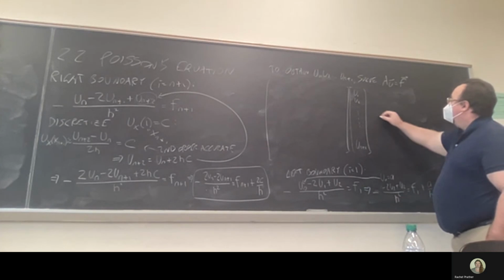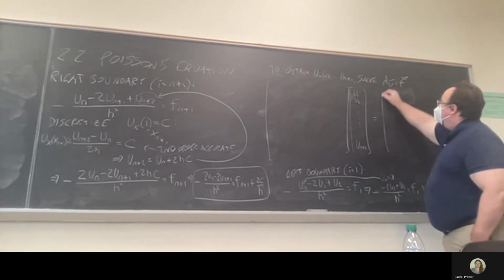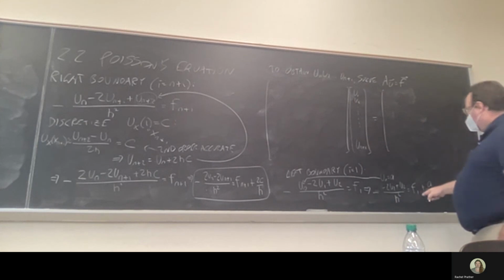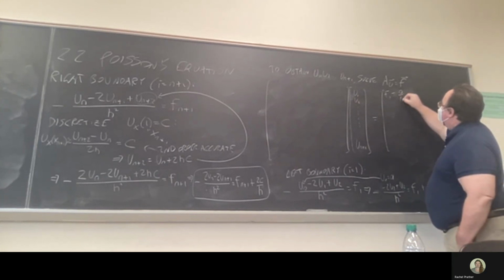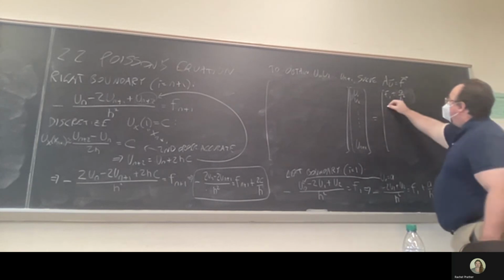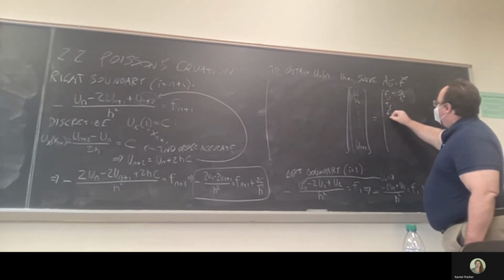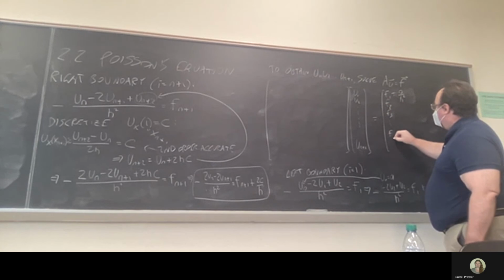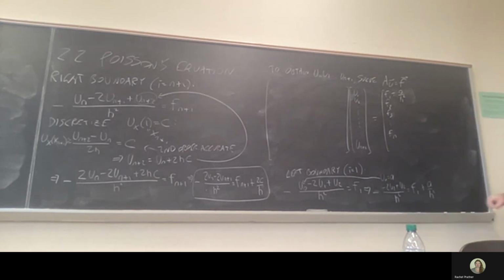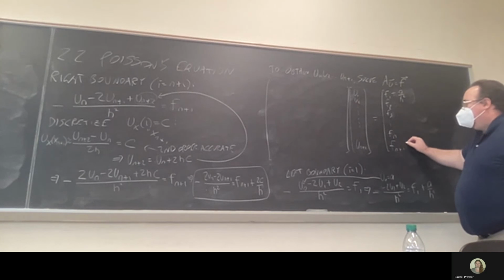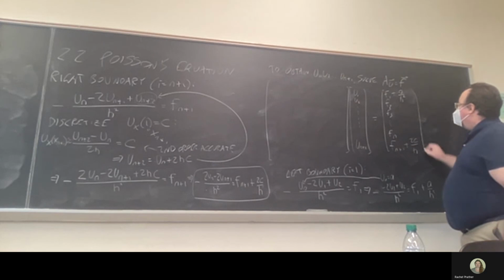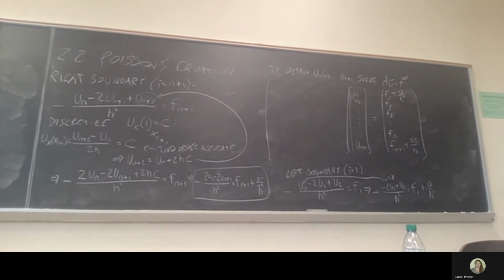And then our vector f, well, first element is this one, f_1 plus a over h squared. And then after that we have f_2, f_3, and so on, just f values only, until the last one has also an extra term, plus 2c over h. So that's our right-hand side, just lifted from the equations I've written out before.